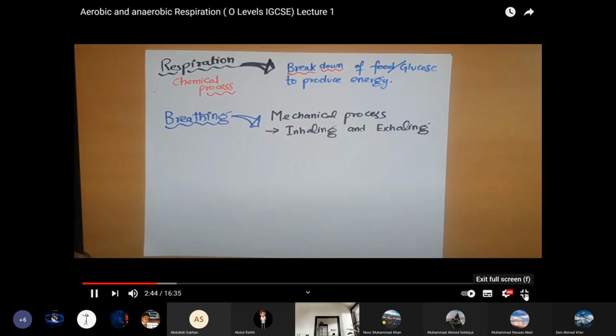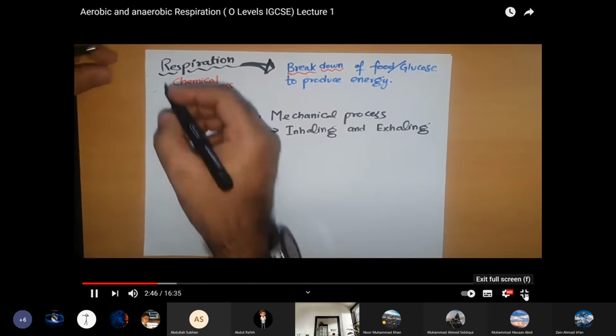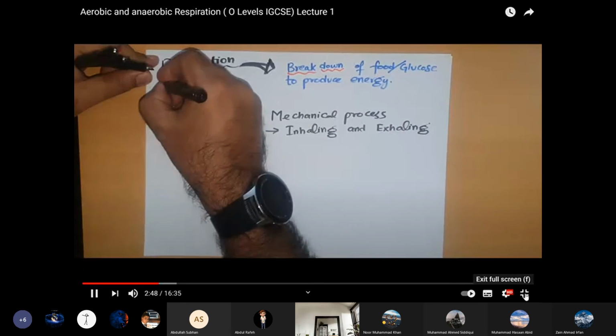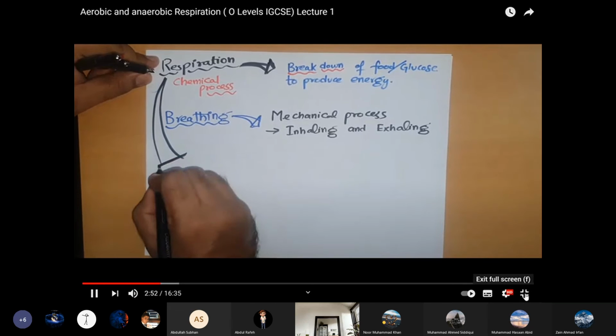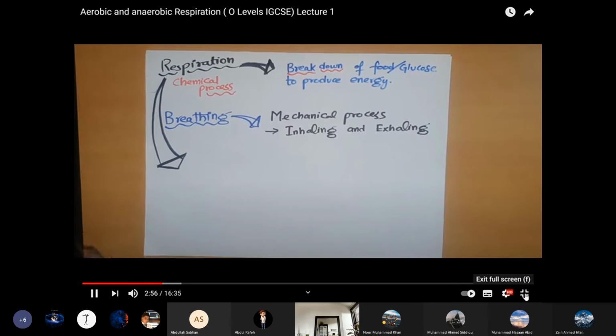Now, if we talk more about respiration, we can represent it simply with the help of an equation. We can represent it both in word equation form and in chemical equation form.